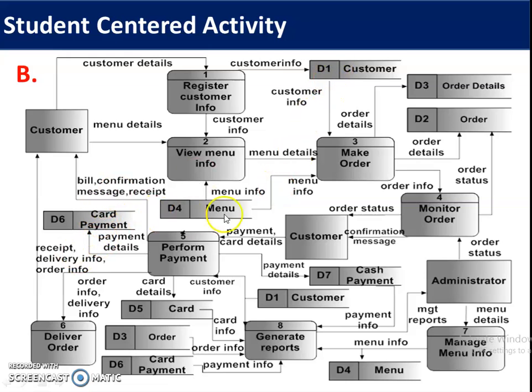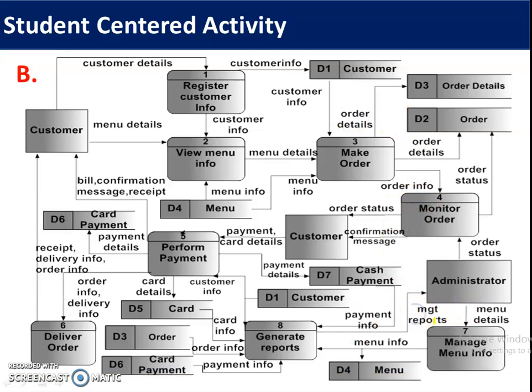This is to avoid the crossing of lines. But with regards to the process, it cannot be repeated. All data flows can also be repeated depending on which process needs that kind of data or information.